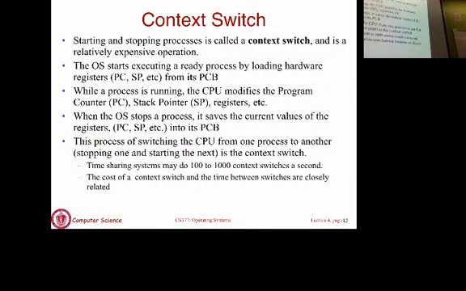When you want to perform a context switch, you suspend execution of the process that was running. The kernel will then run, and it will take all of the register values, which is the program counter, the stack pointer, all of the general purpose registers, and then store them into the PCB entry.